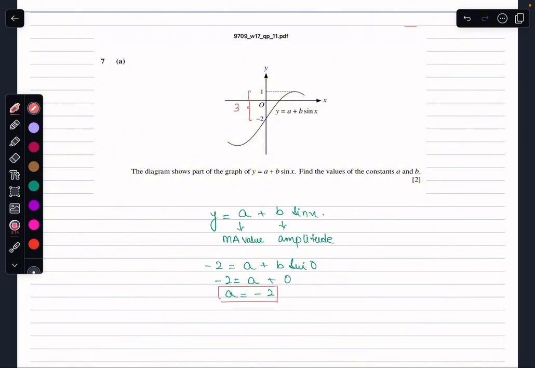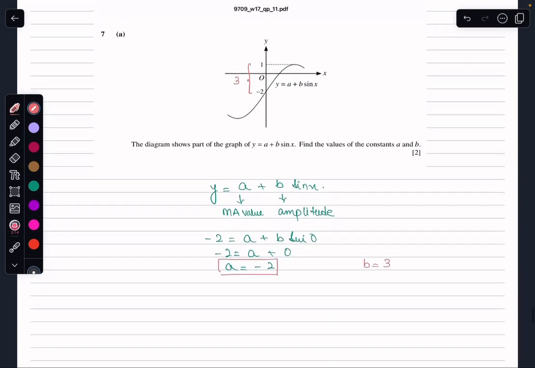Therefore, I can say that the b value here is 3, and I can very easily say that the final answer is a equals minus 2 and b equals 3. So this is how, again, this question needs to get solved.